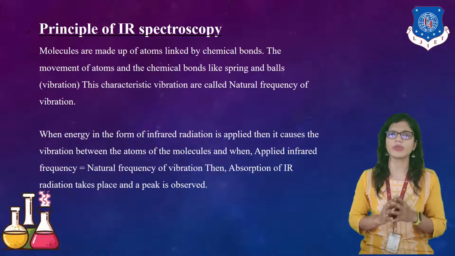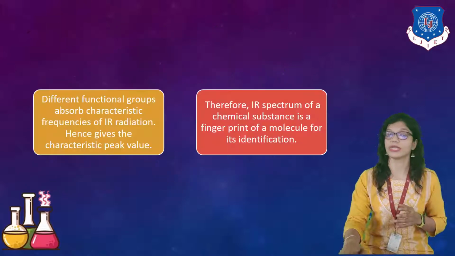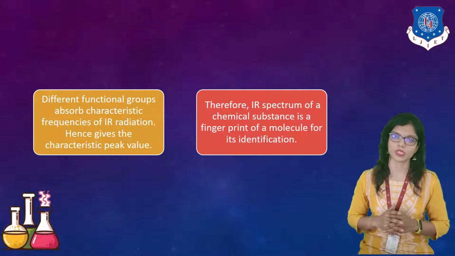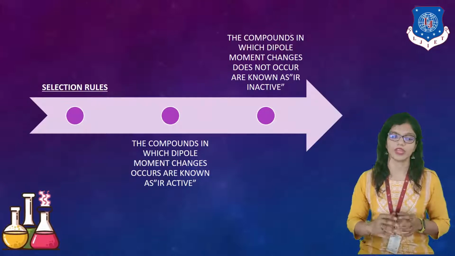Now this particular peak will give rise to the identification of the compound. It can be used for both qualitative and quantitative purposes. Different functional groups absorb characteristic frequencies of IR radiation and hence give the characteristic peak value. And therefore the IR spectrum of a chemical substance is the fingerprint of a molecule for its identification.